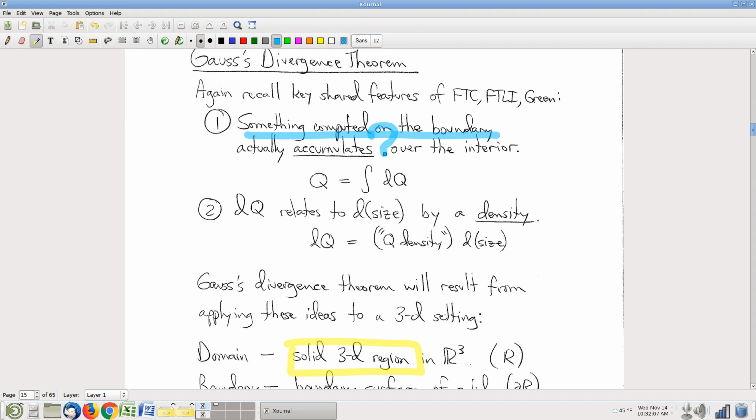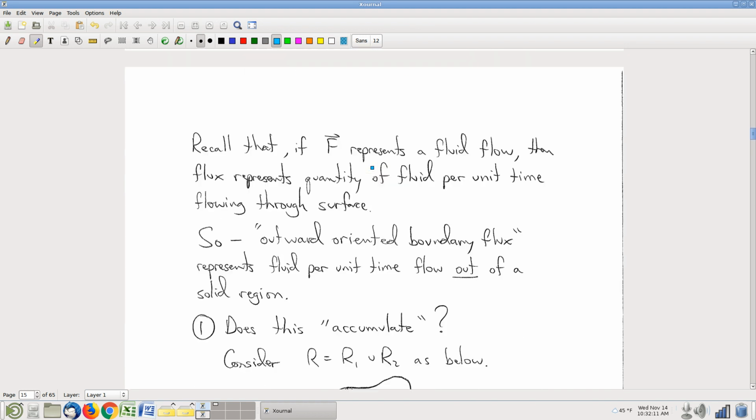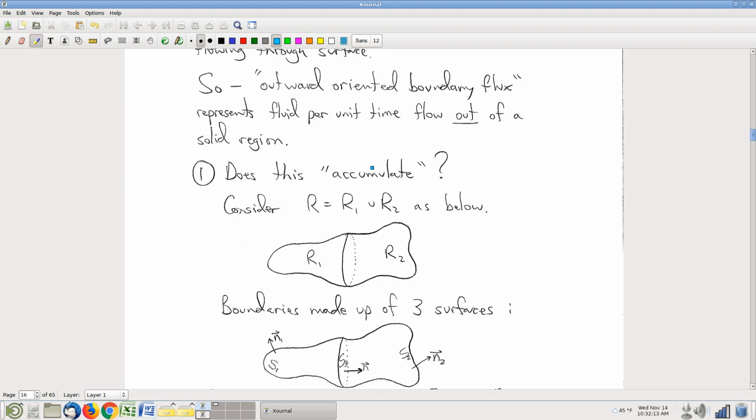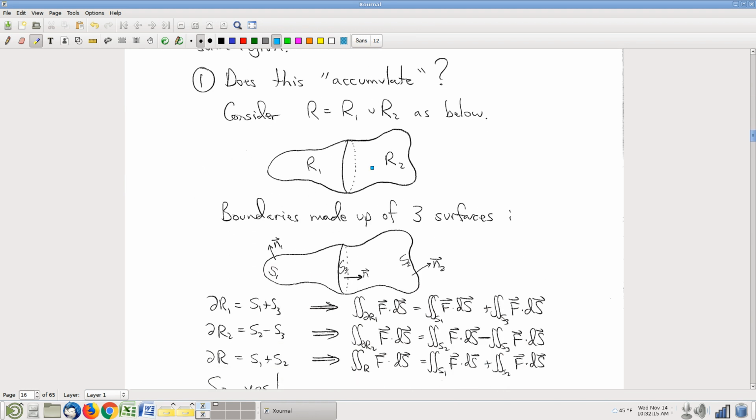Does it accumulate? Does outward-oriented boundary flux accumulate? Well, we're just going to have to draw the picture and think about it. And the answer is yes. And by the way, I hope this picture conjures memories in your mind of an analogous picture that we drew when we were talking about Green's theorem. Right? We talked about accumulation of circulation.